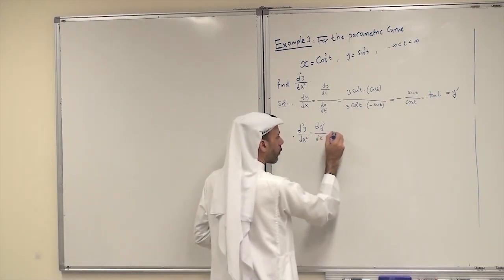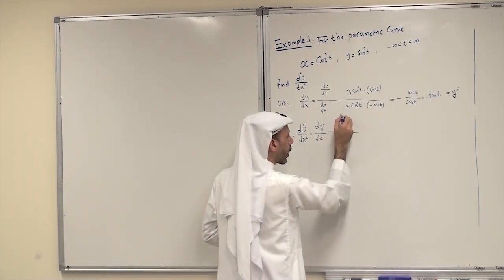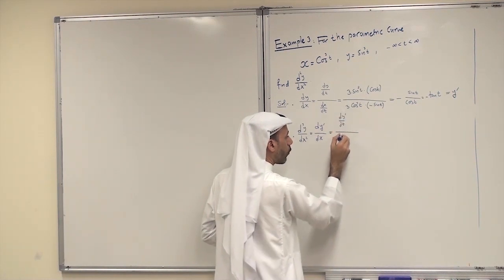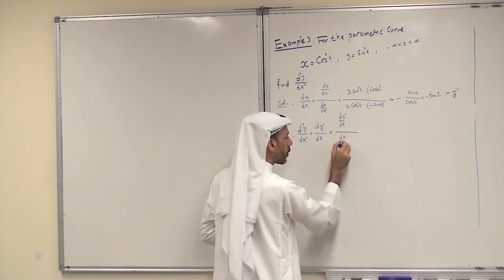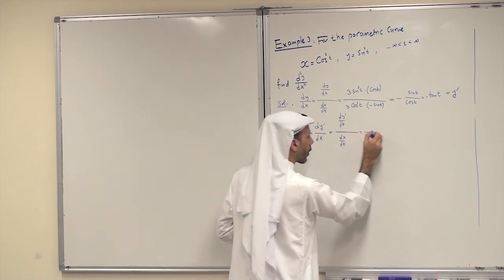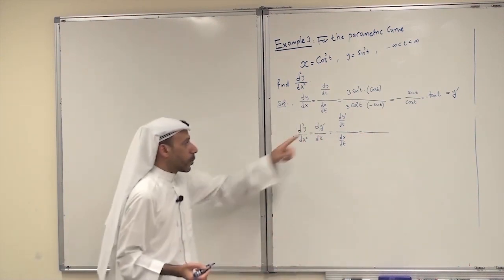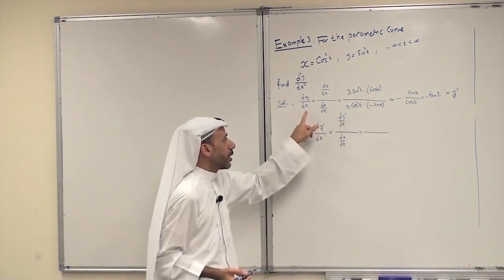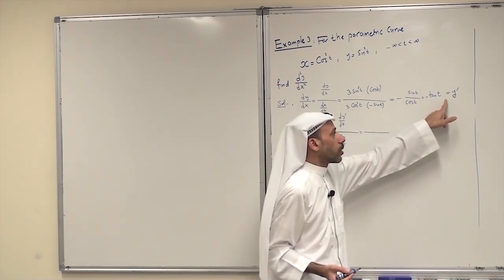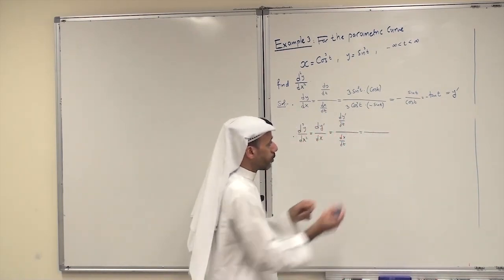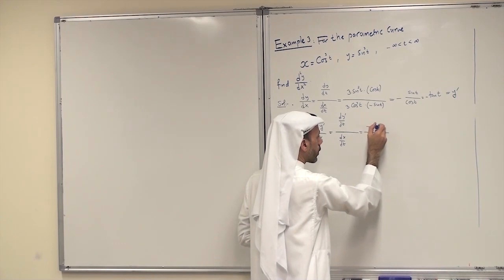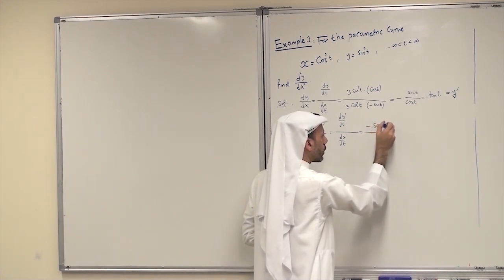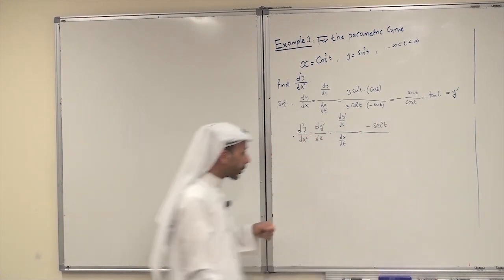Now I apply the formula dy prime/dt over dx/dt. Now what is y prime? Y prime is just the first derivative, which was already calculated. So the derivative of this becomes minus secant squared t. This is the derivative of y prime.